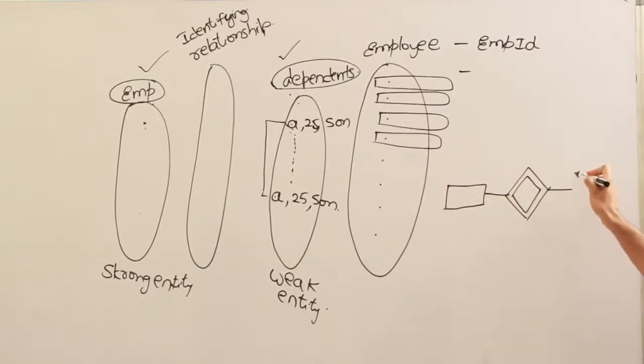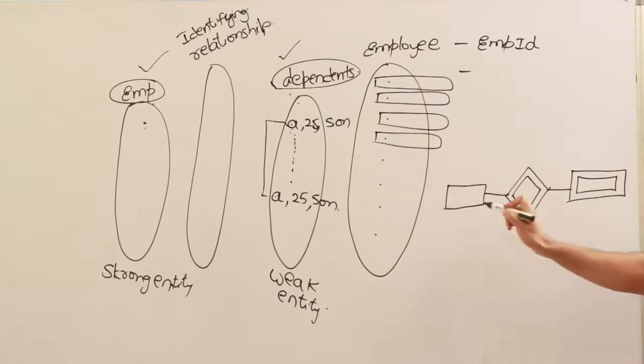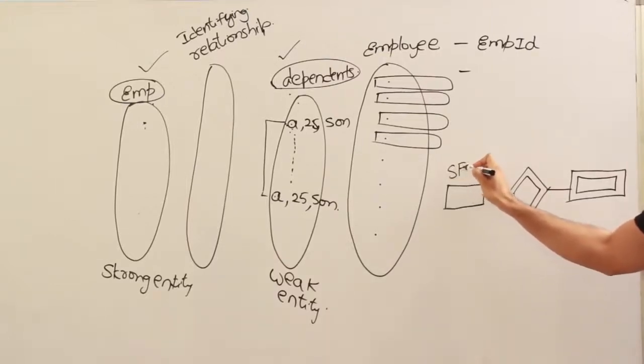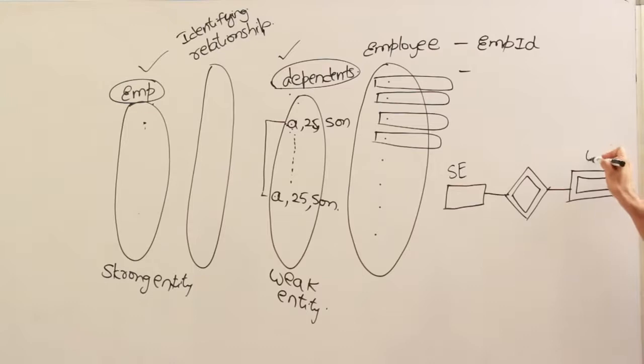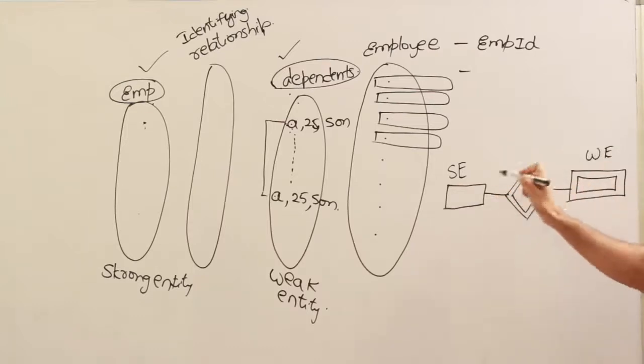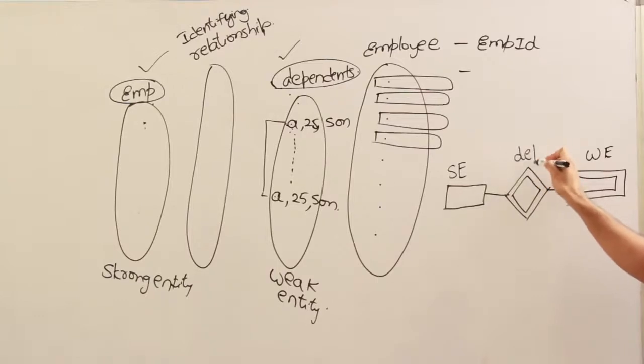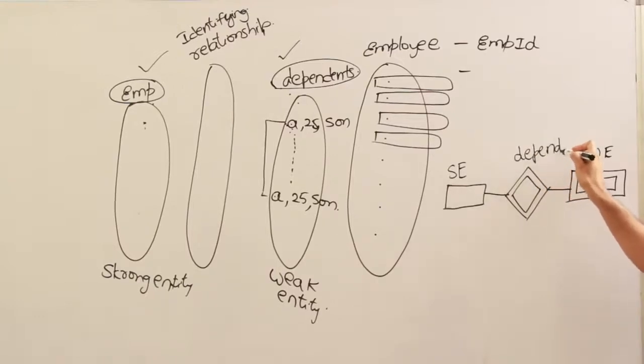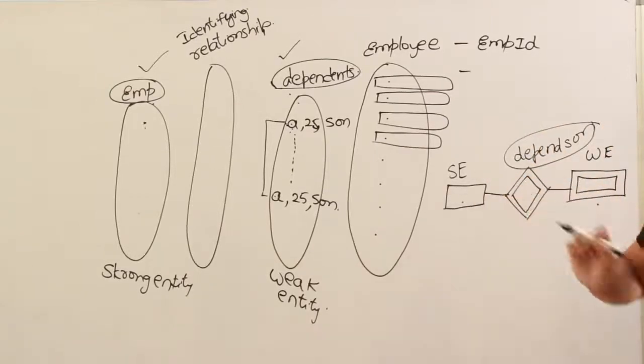And every weak entity uses this double rectangle. This is the strong entity, like employee, for example. This is the weak entity, like dependent, and this is the identifying relationship, like depends on, which means this particular dependent depends on this particular employee.